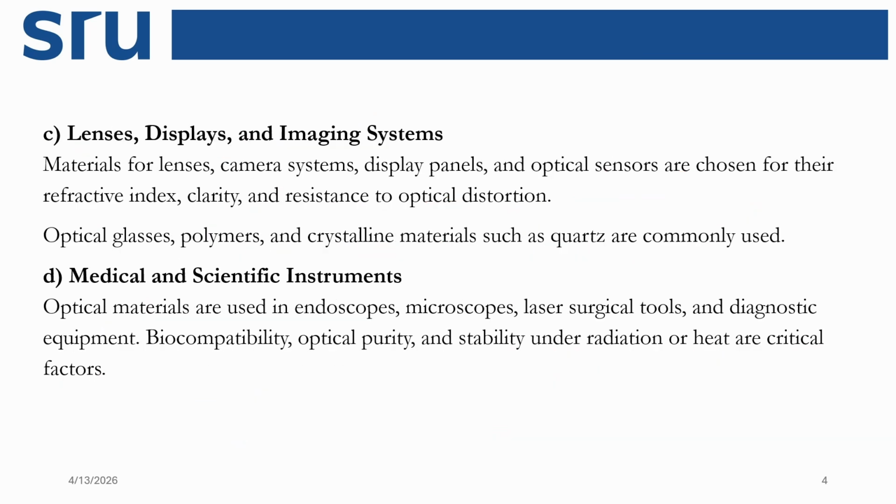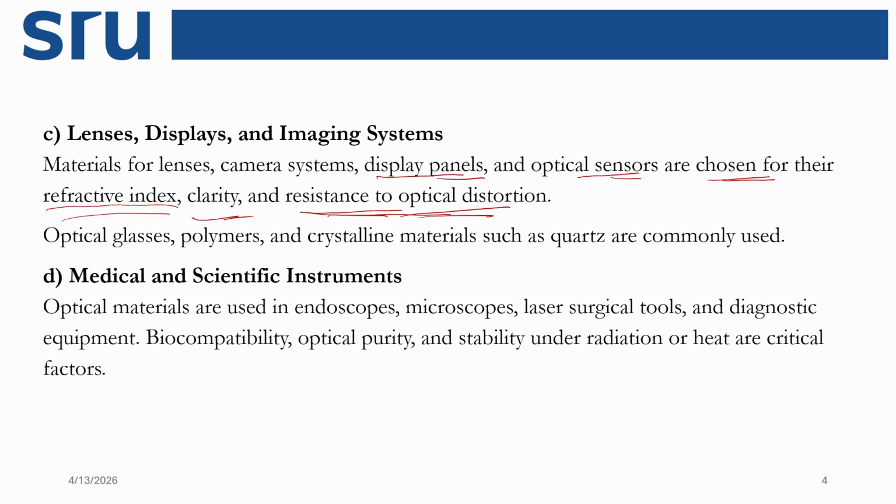Next is lenses for displays and for imaging systems. For applications like making lenses, displays and imaging systems, materials for lenses, camera systems, display panels and optical sensors are chosen. For that, they should have the right refractive index, clarity and resistance to optical distortions.